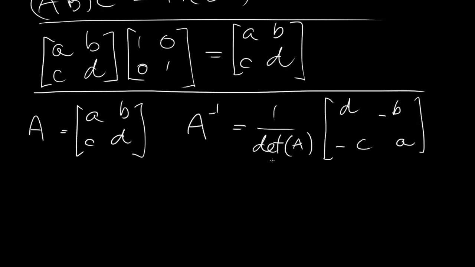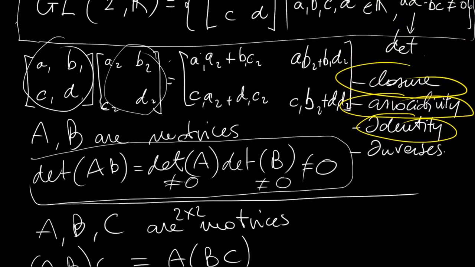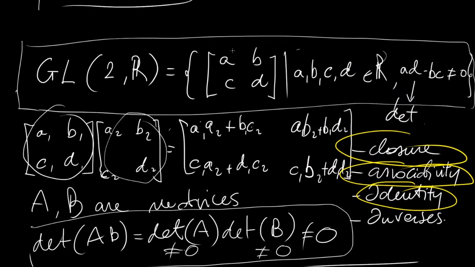So if this is 0, then the matrix A does not have an inverse. But we already know that we are talking about matrices with the determinant not 0.